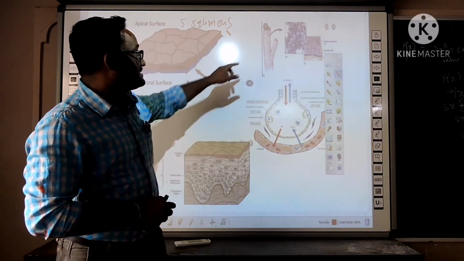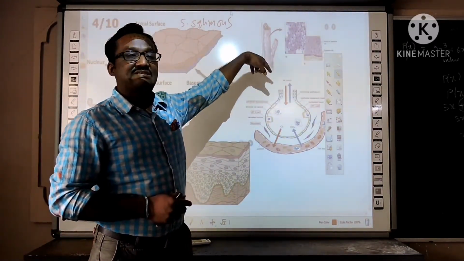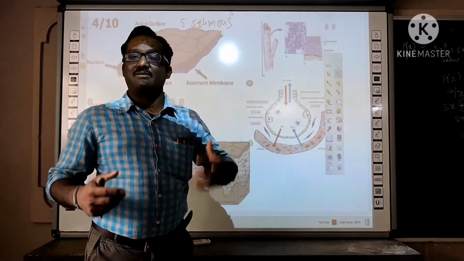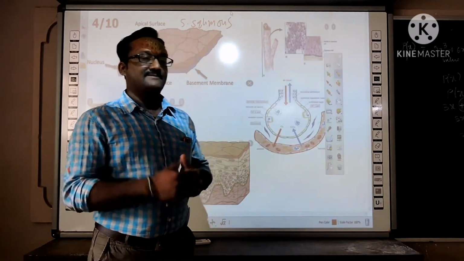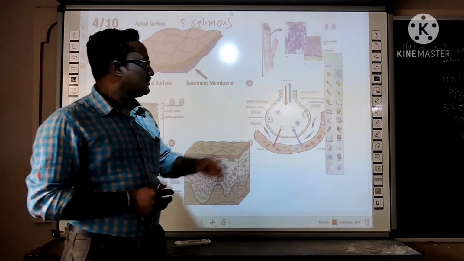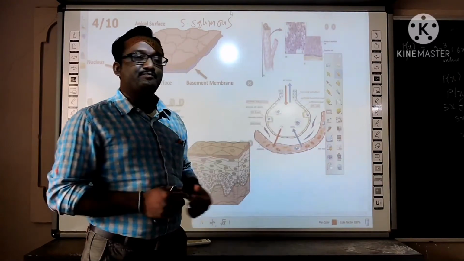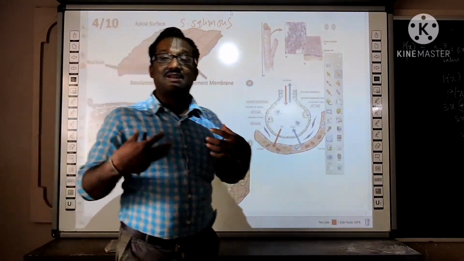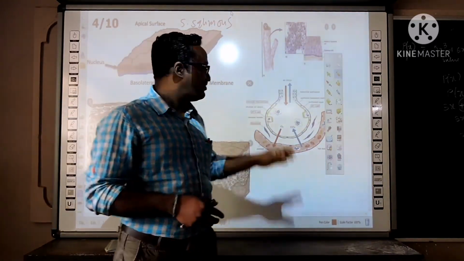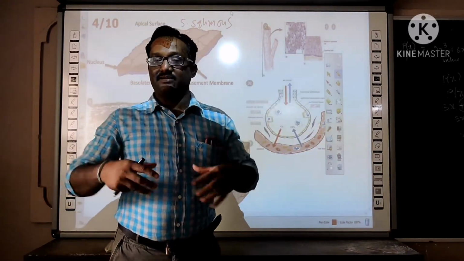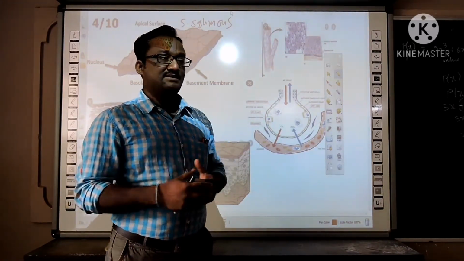It is also present in the walls of blood vessels. Blood vessels means they are the pipes in our body that carry the blood. Next, the simple squamous is also present in alveoli. These alveoli are present in our lungs. Our lungs are made of alveoli. You know, we take the air through the lungs.